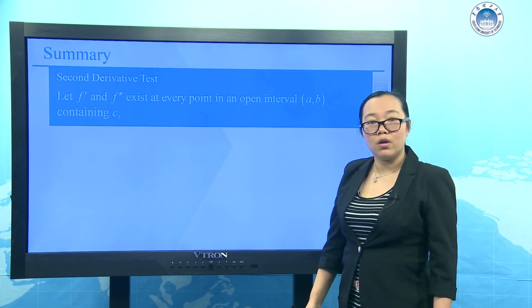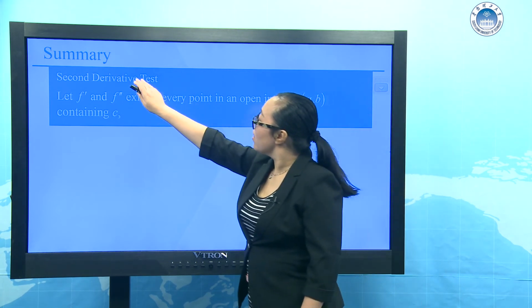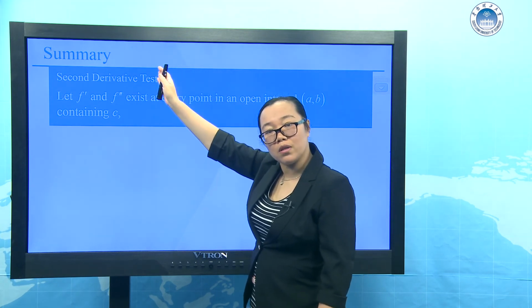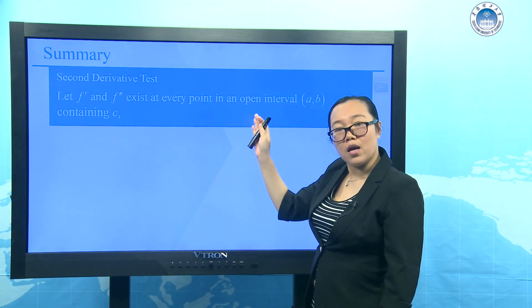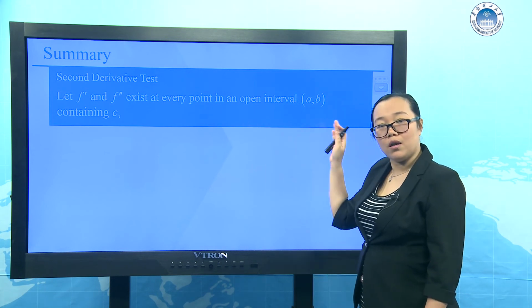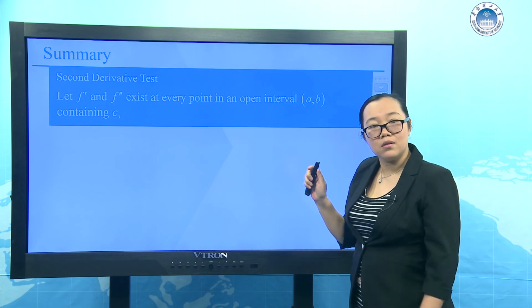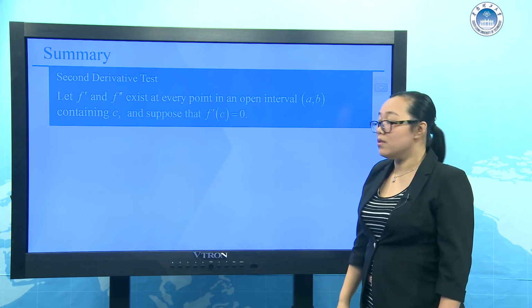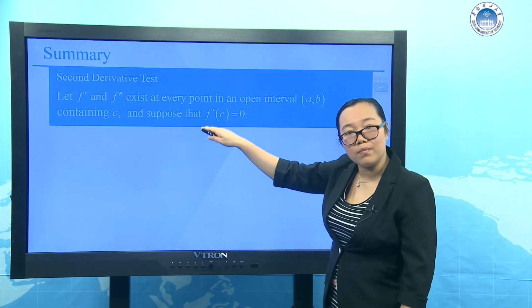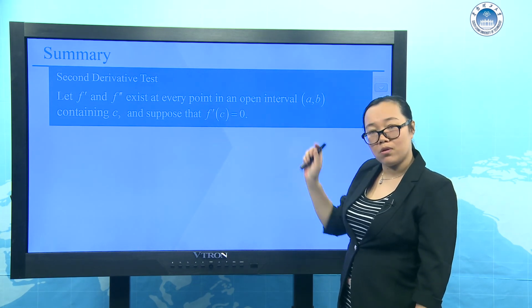Summary 2. Try to remember the second derivative test. F prime and f double prime exist at every point in an open interval (a, b) containing the point c, and suppose, under the condition, f prime c equals 0.